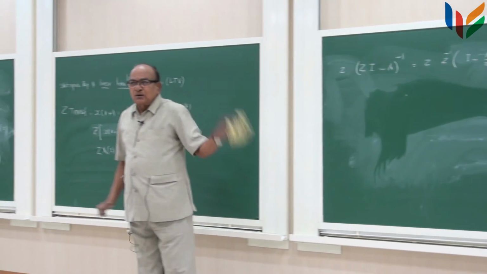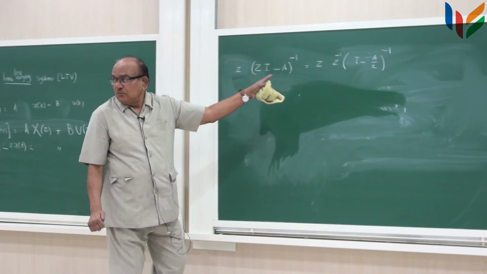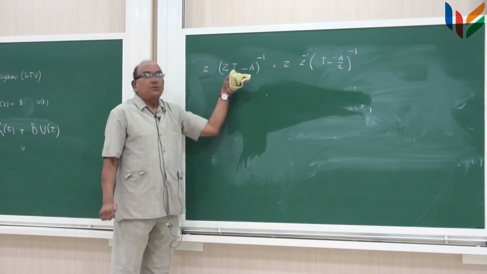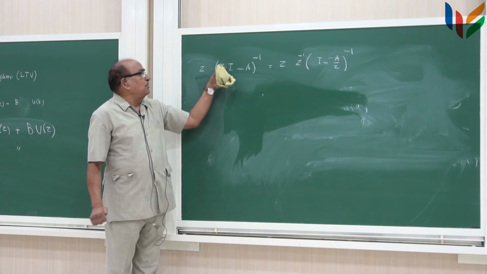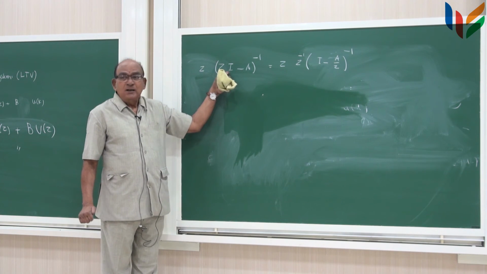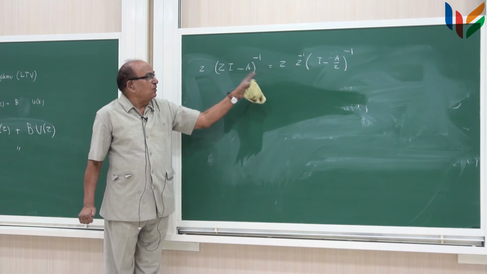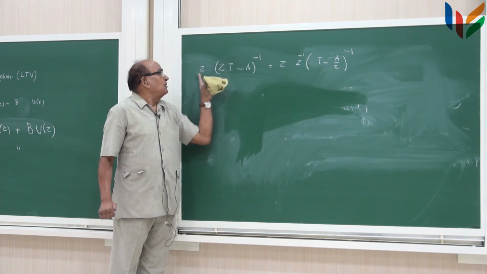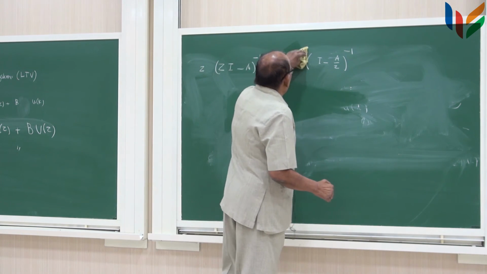So z into z minus 1 cancels and becomes 1. I am pulling out z from here. Z is a scalar quantity. I am left with I minus A divided by z, and the inverse remains, and the z pulled out and the z outside both cancel to be just 1.